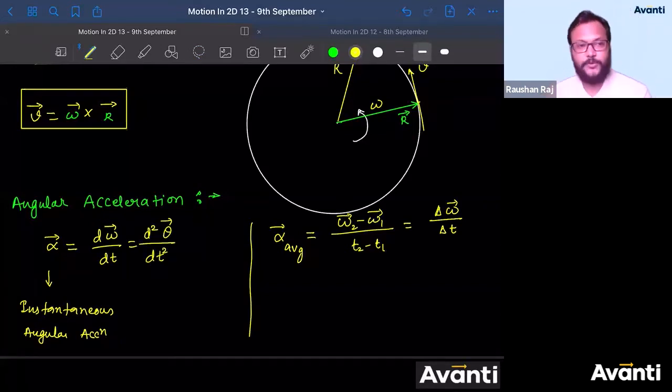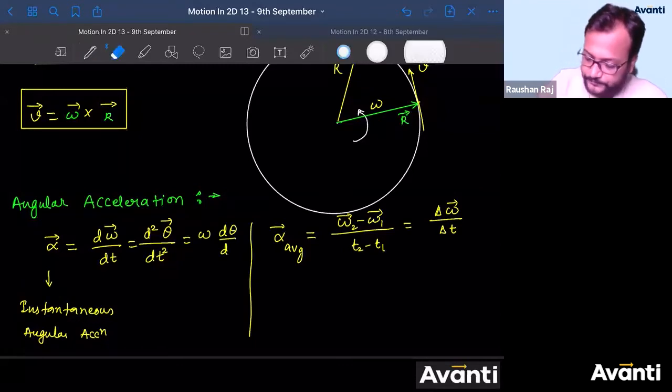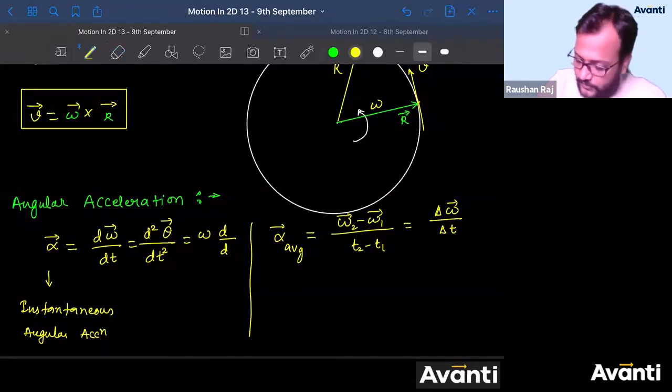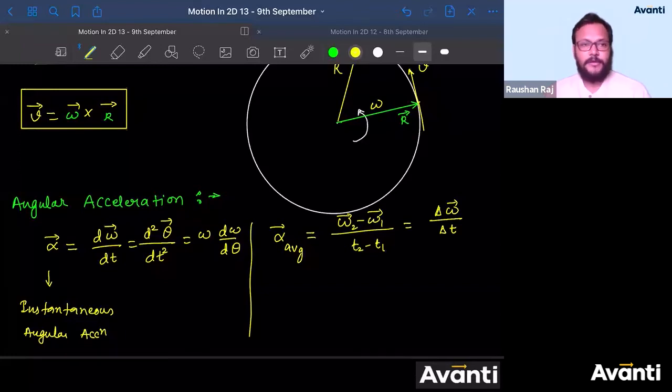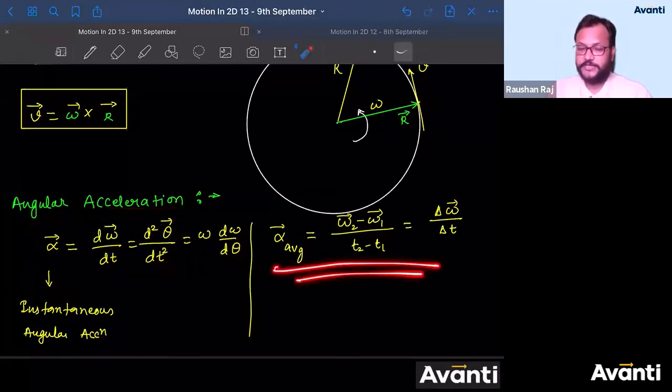Yes, you can write this, no issues. And you can also write this as omega d omega by d theta. So this is how you can write the angular acceleration or average angular acceleration.